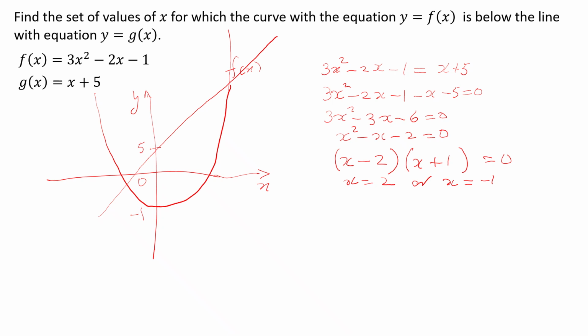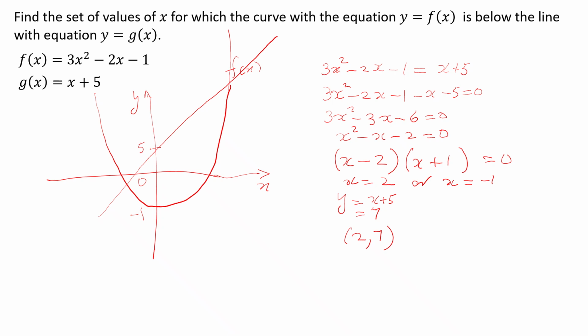Now find the y value. I'm going to use the second equation, x plus 5. So 2 plus 5, which is 7. So the coordinate is (2, 7).